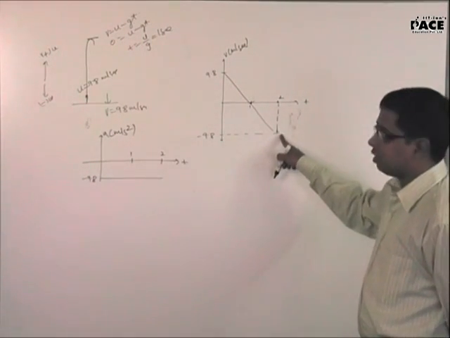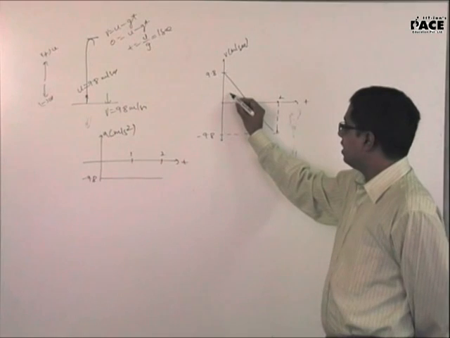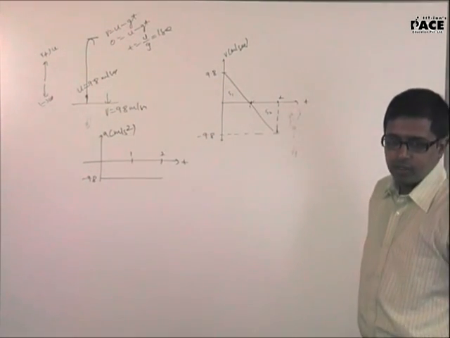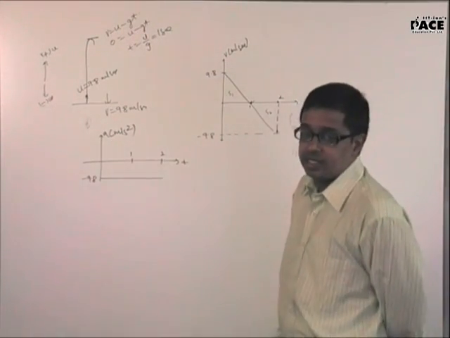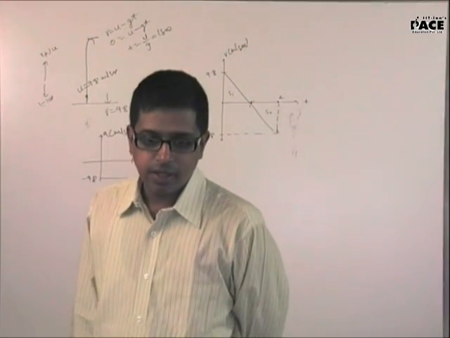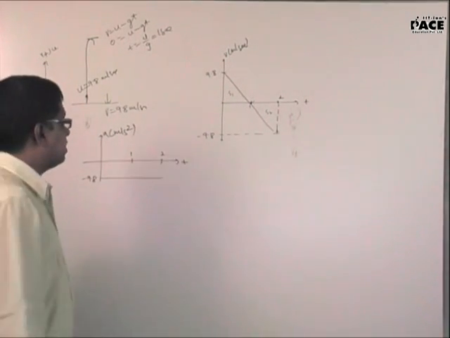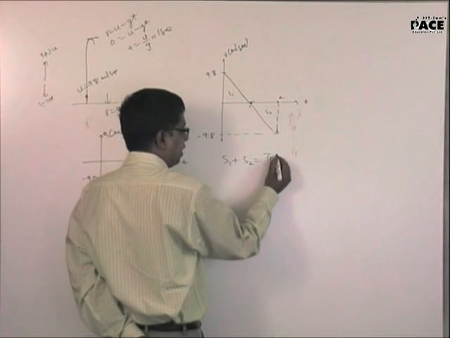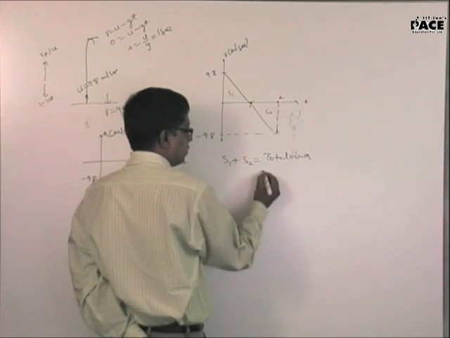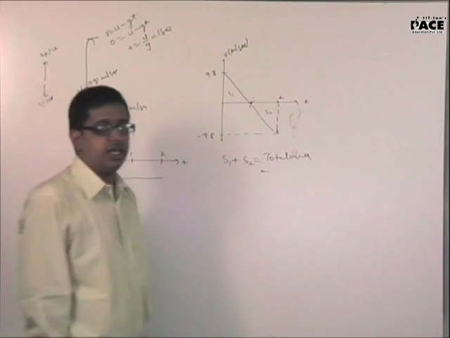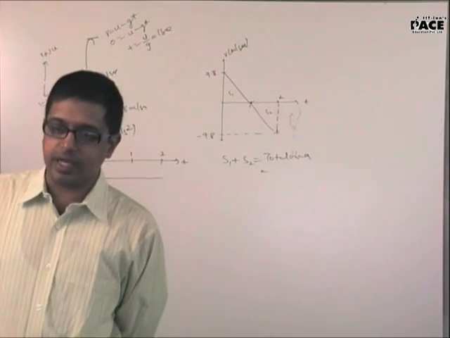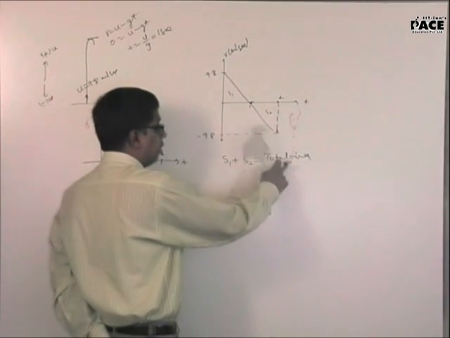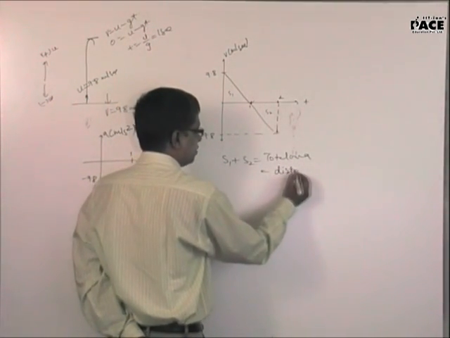Yes, sir. Now, one more very important point. If I consider the area of this to be S1 and the area of this to be S2, till now we were using the words area under the curve and above the x-axis. Right? See a small catch in it. If I am adding up both the areas, S1 plus S2, I will get the total area, which will give me the distance travelled.